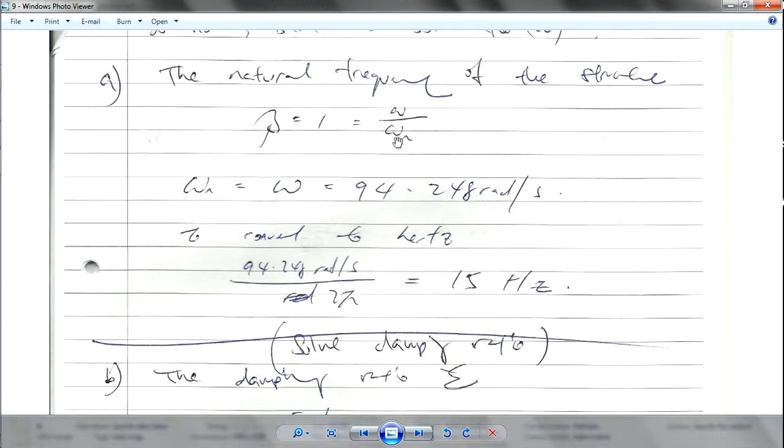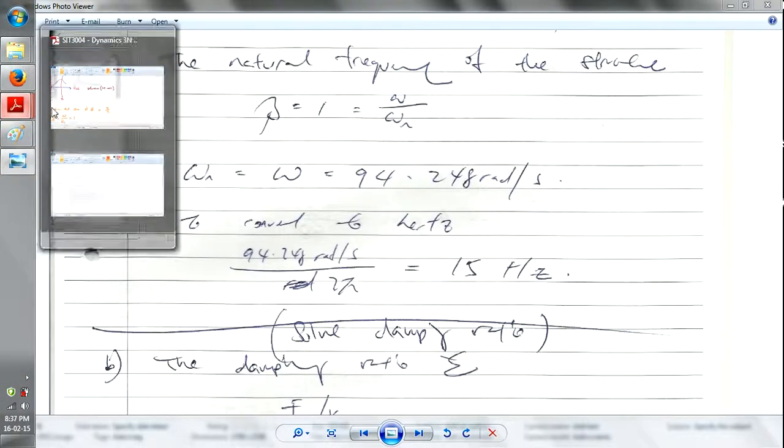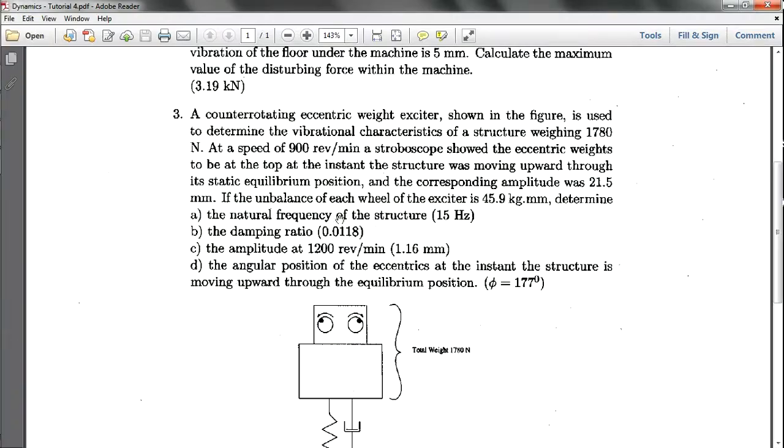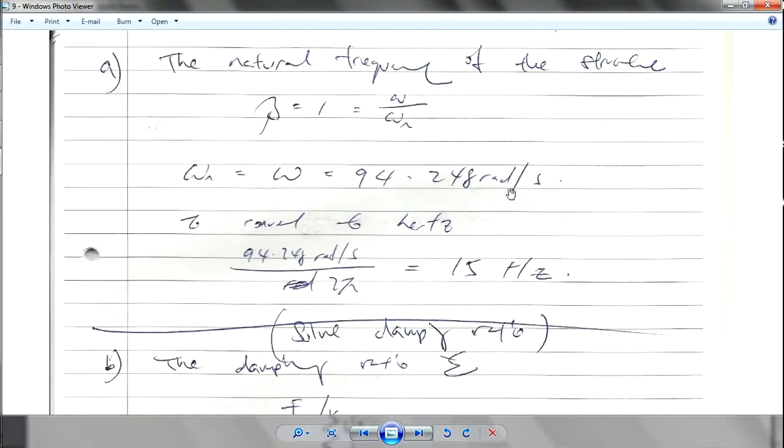With this as our natural frequency, we can convert it to hertz, because what they want is the natural frequency of the structure. Writing it in radians per second is not that cool, so typically we recommend you change to hertz by dividing by 2 pi.